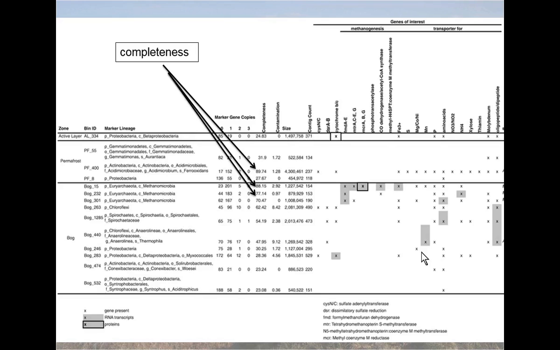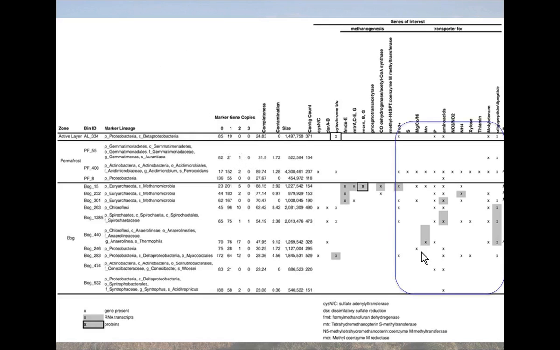And when I was looking at the functions for these, I could see that they had several different transporters. So they were really utilizing iron, sulfur, phosphorus, ammonia, among others, for their metabolism, or at least they were transporting those inside the cell.